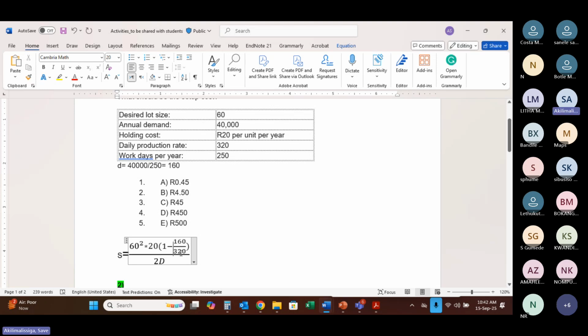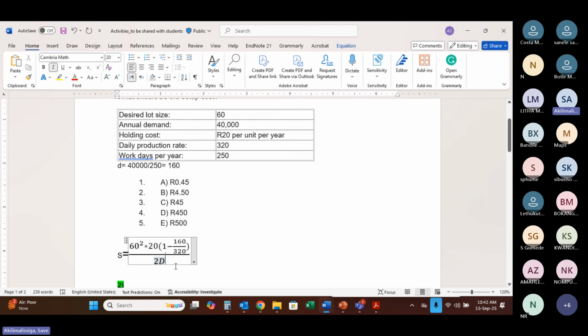Because if this number in the denominator is lower than the daily demand, that is going to be invalid, right? So that is also a way that you can check whether you are extracting and using the information correctly.